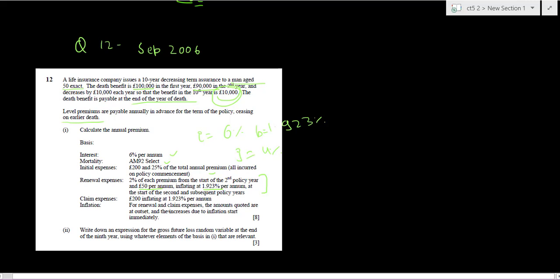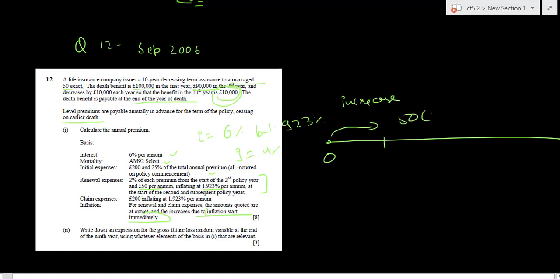And then you have got for renewal and claim expenses, the amounts are quoted at the outset, and increase due to inflation starts immediately. So this clearly means that the increase starts immediately, that is, it starts at time 0 itself. So the first year's expense would be equal to 50 multiplied by 1.01923.